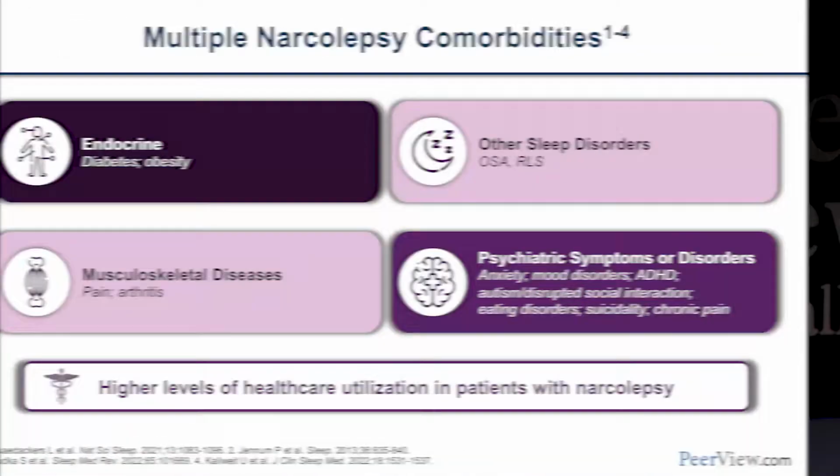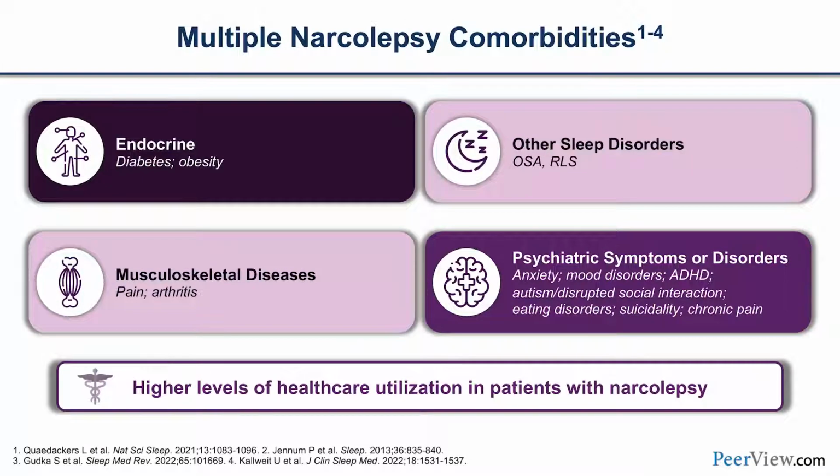Most of this is observational and based on claims data from insurance companies, but could be related to the orexin deficiency, because orexin not only helps keep you awake, but affects the hypothalamic pituitary axis, so it affects sympathetic tone, affects our body temperature, feeding, heart rate, blood pressure. So if you have abnormalities in orexin signaling, then you may have other abnormalities.